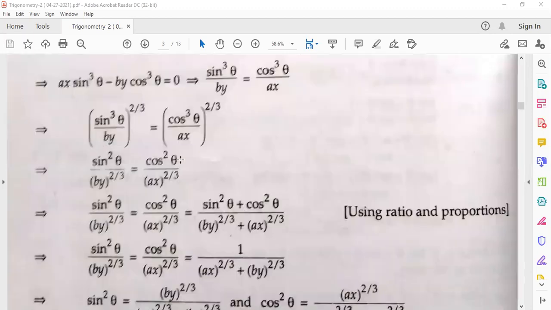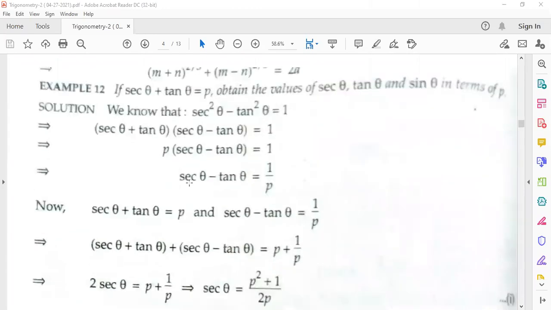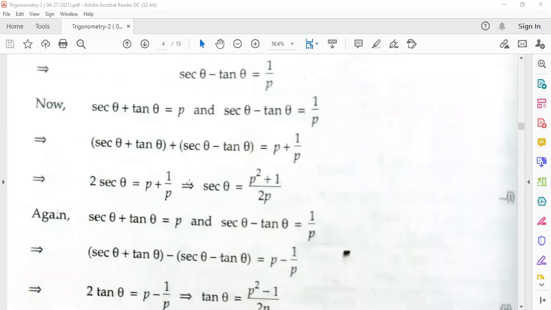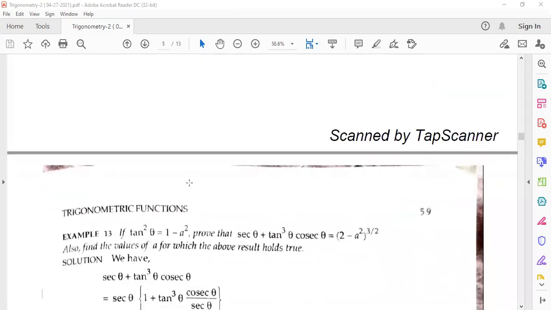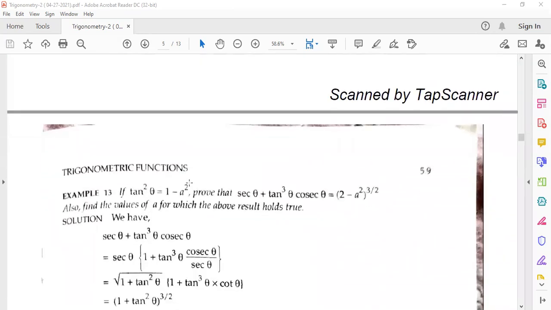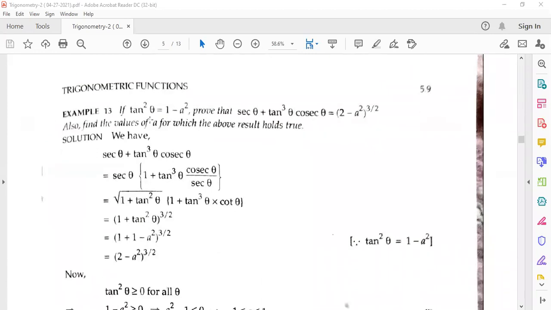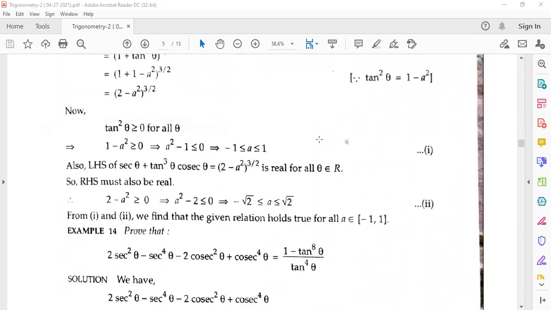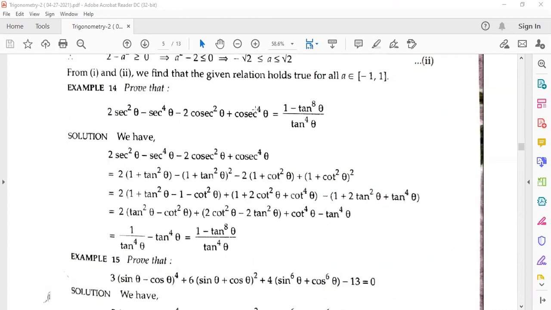I think this part was also covered. Now today we start from here. Some examples are given. Okay, I think then this is the proof.